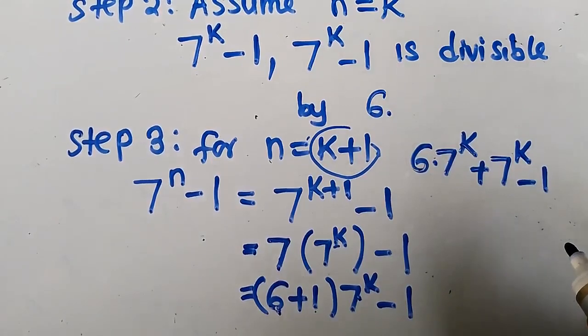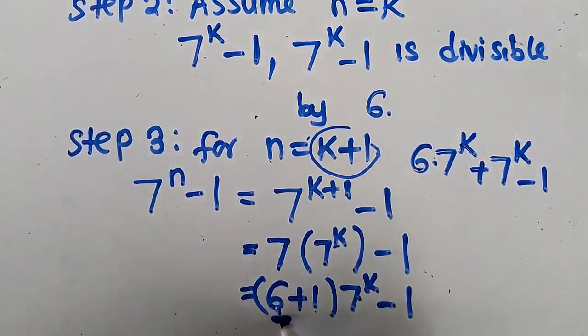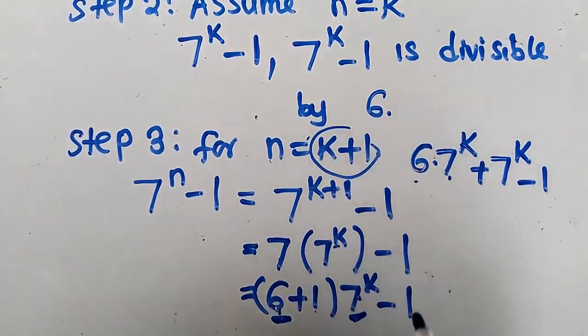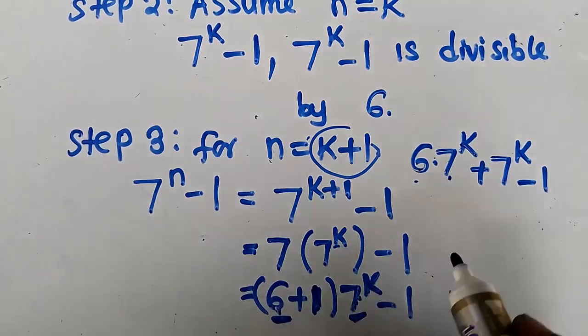Have you seen the way I've done here? You get this 6 and multiply it with this 7^k. Then you say plus 1 multiplied by 7^k. Any number multiplied by 1 is equal to that same number, so it's 7 power k. Then you say minus 1.